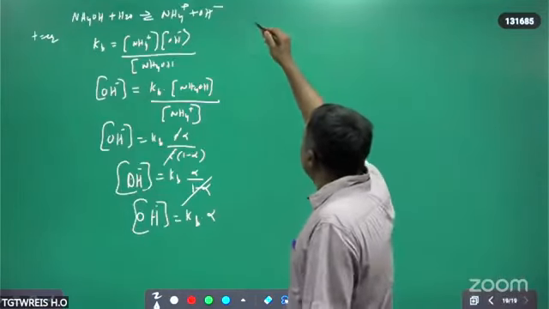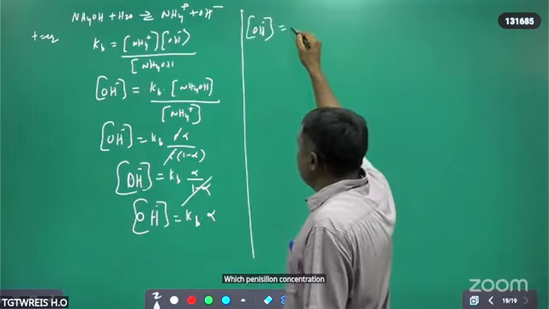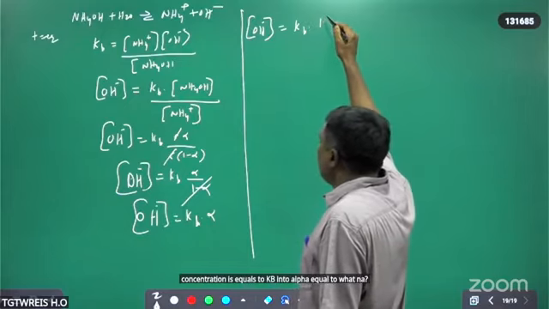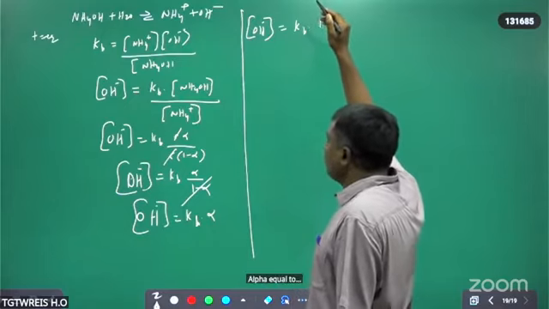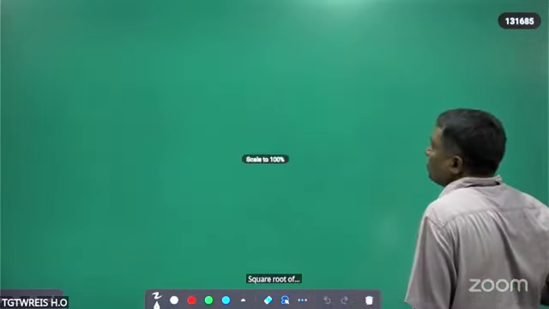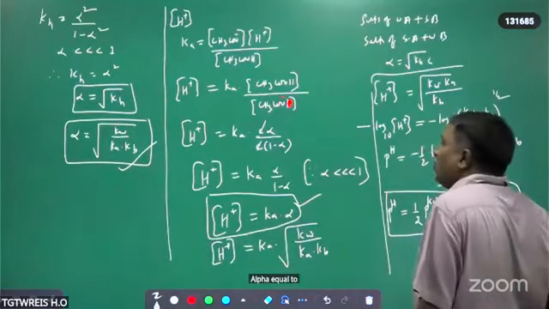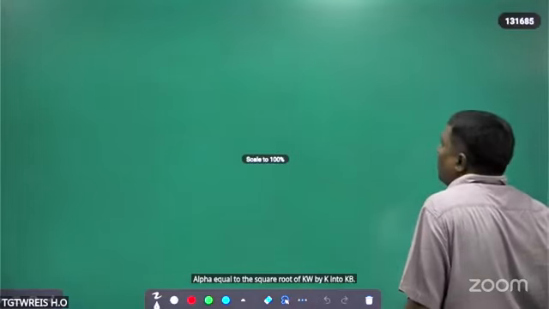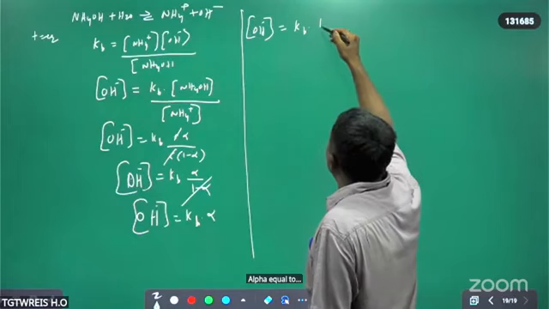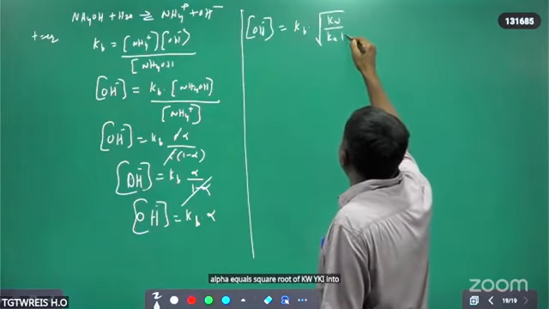So the OH minus ion concentration is equal to Kb into alpha, where alpha equals the square root of Kw by Ka into Kb.